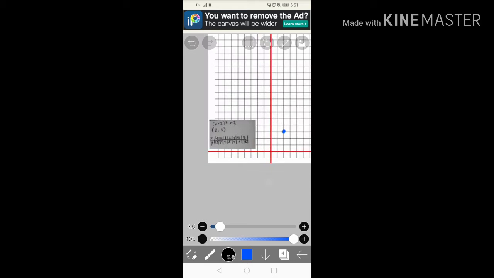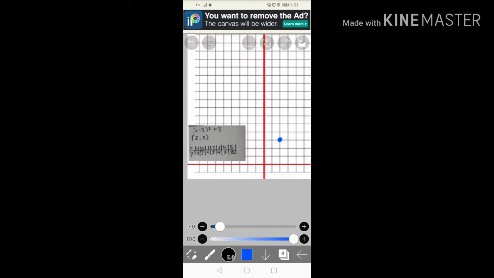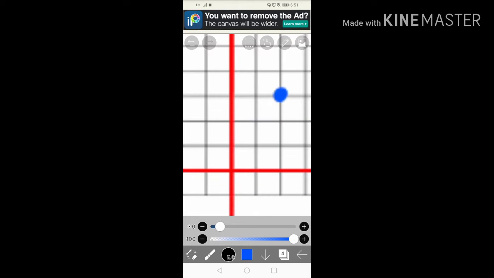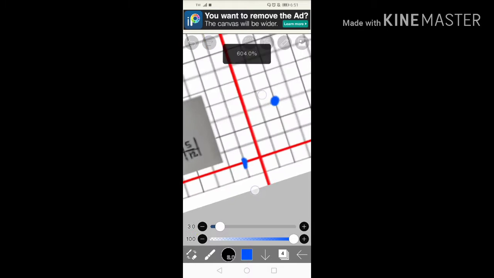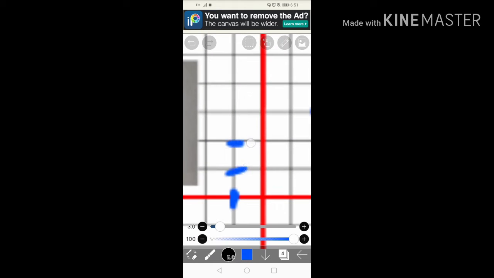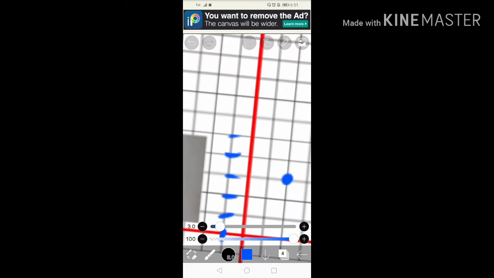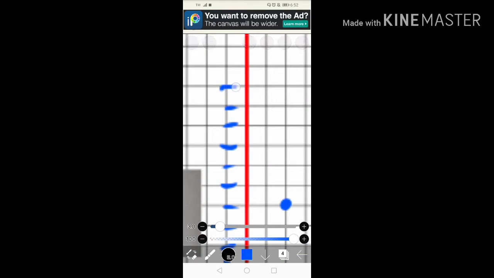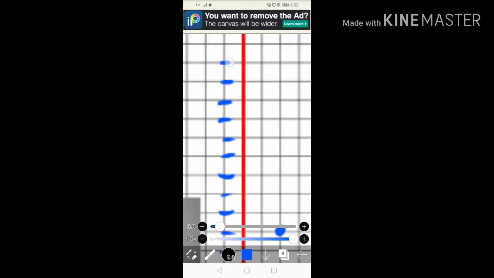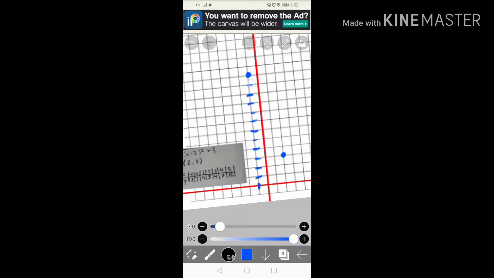So 2, 3, -1, -1 here, and then goes 12. So it means up, +12. 1, 2, 3, 4, 5, 6, 7, 8, 9, 10, 11, 12. So it's going to be right here. Alright?